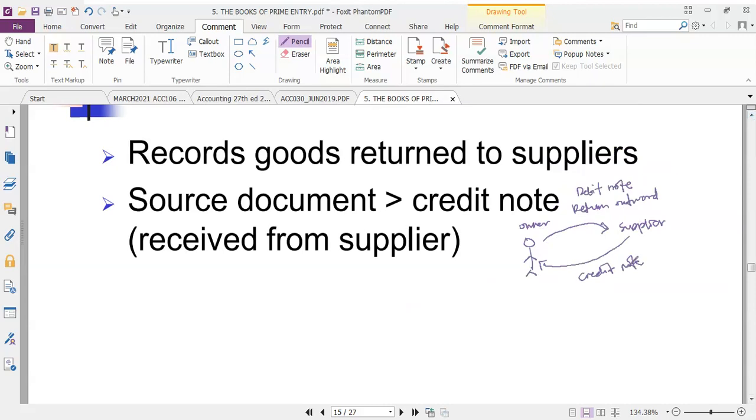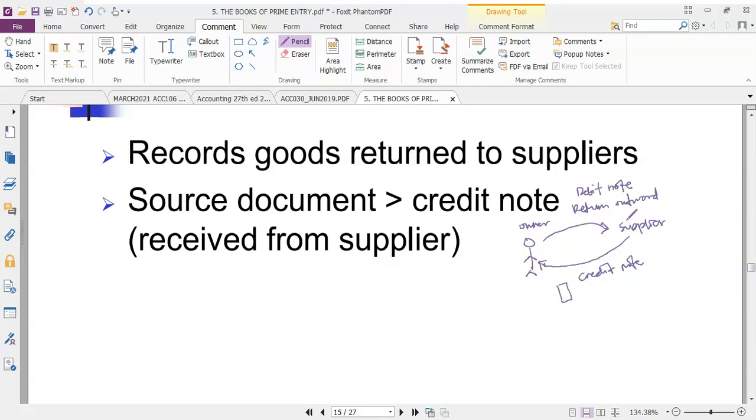Okay. Credit note, siapa yang akan keluarkan? Supplier yang akan keluarkan bagi kepada owner. Okay, you kena tengok arrow tersebut. Arrow dia debit note. Owner yang nak memulangkan barang tu, sesiapa yang akan pulangkan.